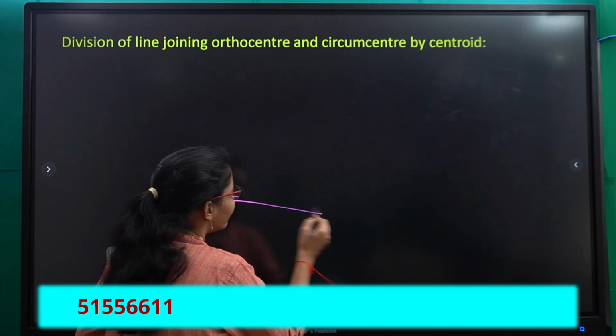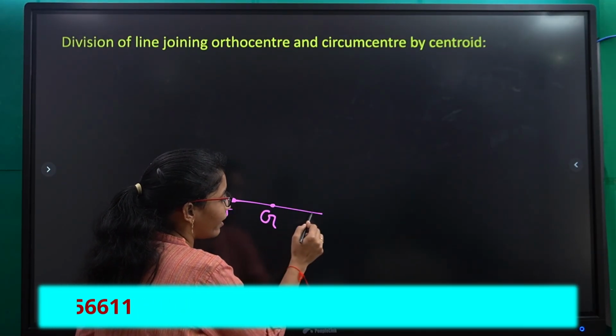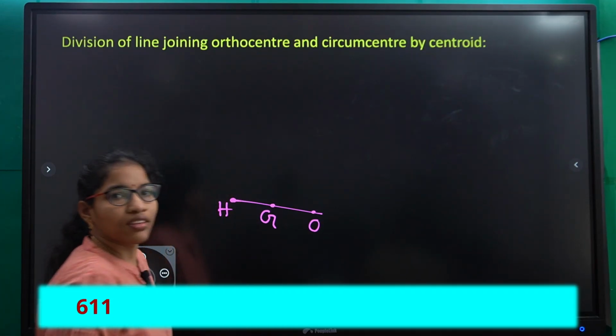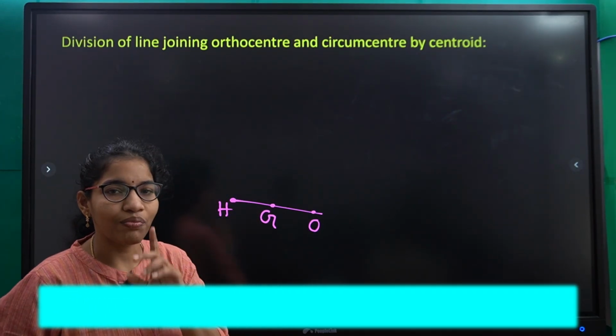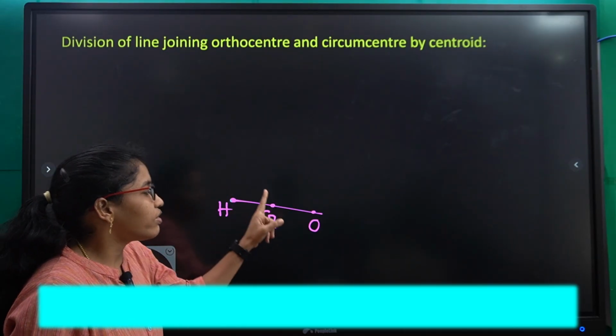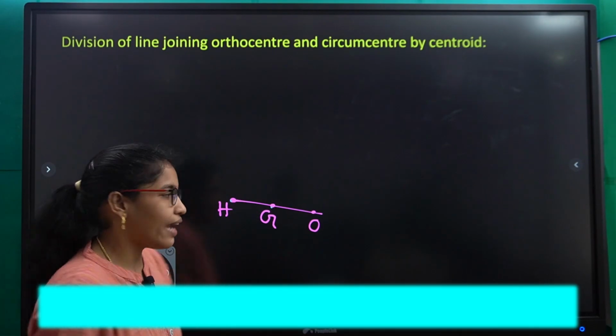So here if I take, this is the orthocenter and this is the centroid and this is this circumcenter, right?